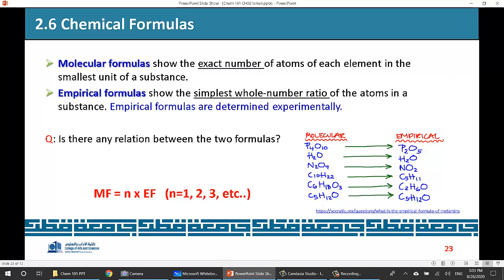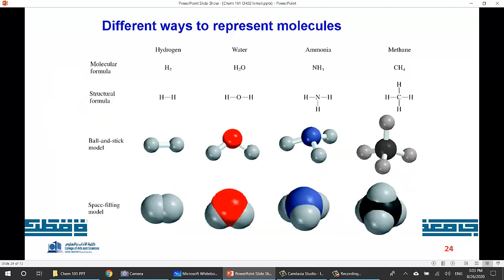So here are some examples in this slide of how to write the empirical formula for some compounds. And this slide shows you different ways of representing molecules. First of all, let's take water, for example. The molecular formula of water is H2O. If you write the structural formula, that would be an oxygen, and there is 2 hydrogen to each side.